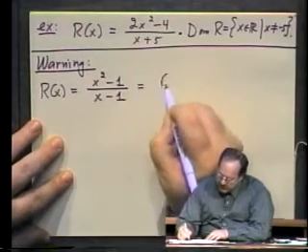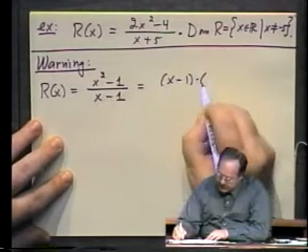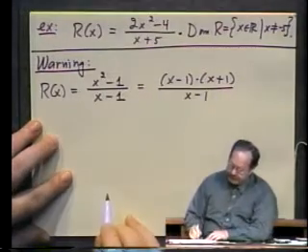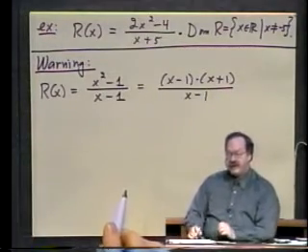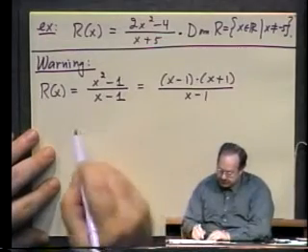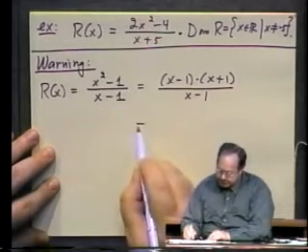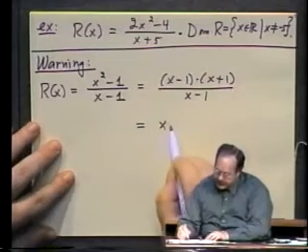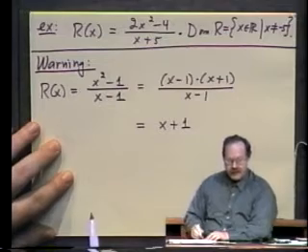So I'll go ahead and write this as x minus 1 times x plus 1 all over x minus 1. Now, your instinct here is the instinct that you've developed from your algebra to cancel x minus 1 and x minus 1 and allow yourself to say that this is equal to x plus 1.